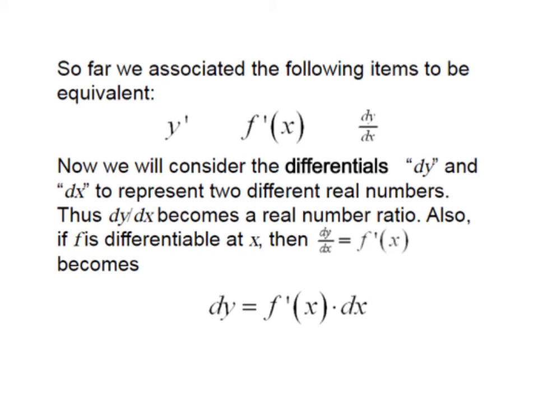So far we've talked about the different notation that we use in calculus. y prime, f prime, dy/dx all mean the first derivative. Now, differentials: we're going to take this dy/dx as two different real numbers. So dy over dx becomes a real number ratio.